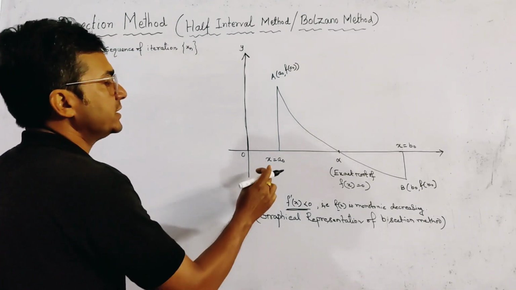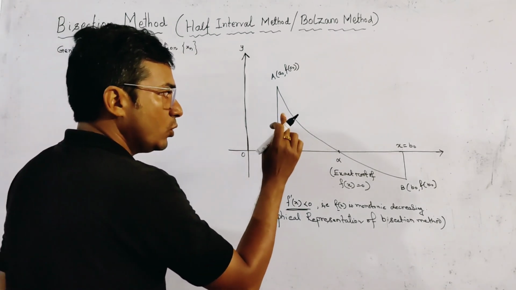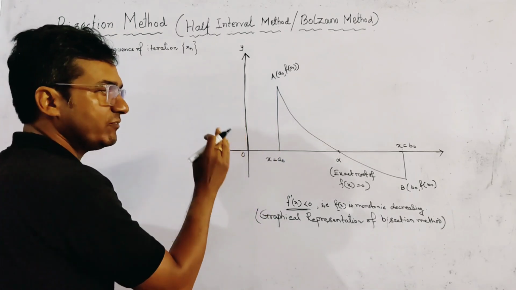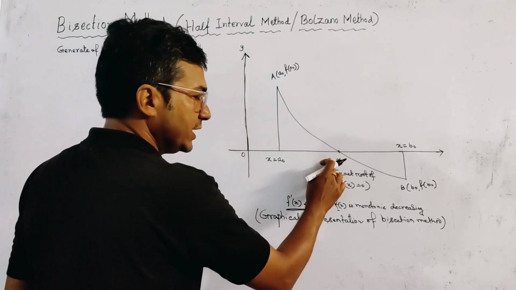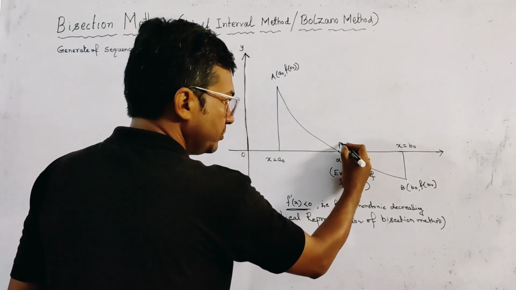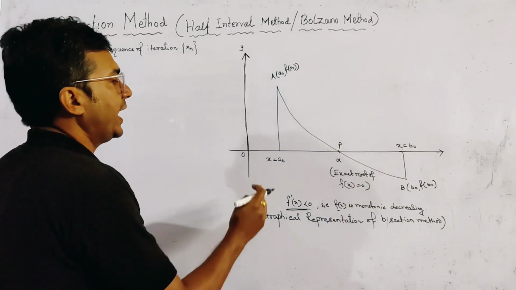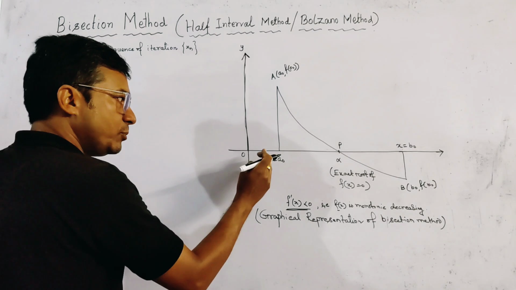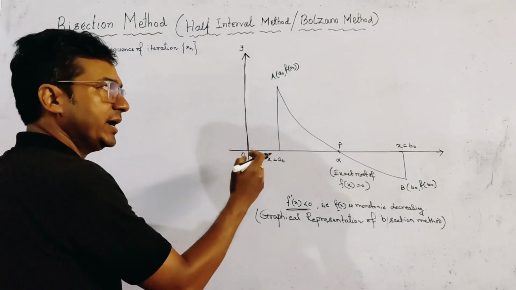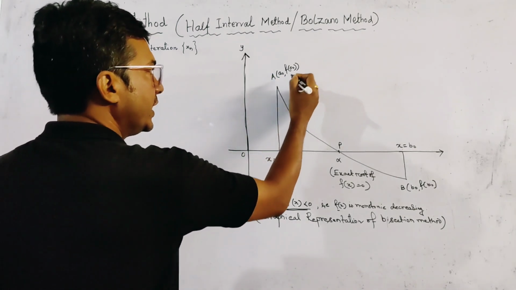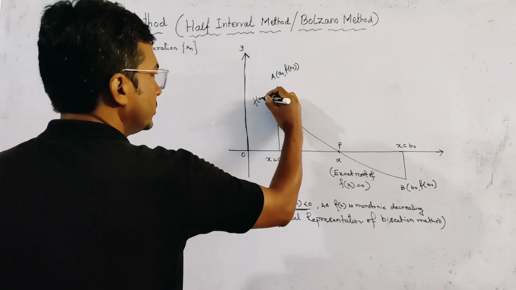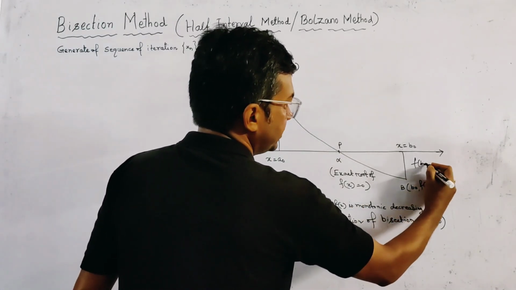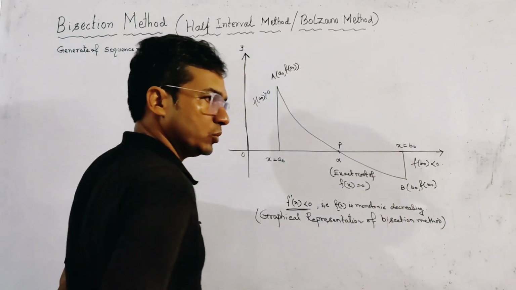Only one exact root of the equation f(x) = 0 lies here, let it be at the point P. At the left end point a0, clearly f(a0) is greater than 0, and f(b0) is less than 0.